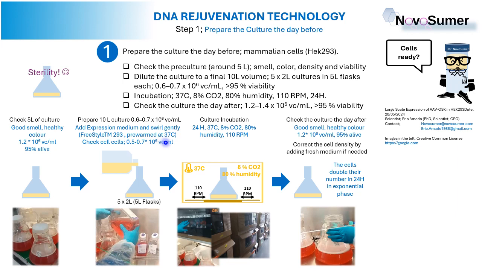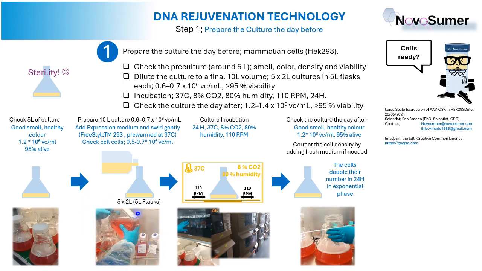Before adding the medium, we have to pre-warm it at 37 Celsius degrees so that the cells are happy. Okay, so let's have a look here. Do you see this picture? It's just the 5 liters of culture diluted with more fresh medium. So we dilute the 5 liters in half. They will be now in 10 liters.